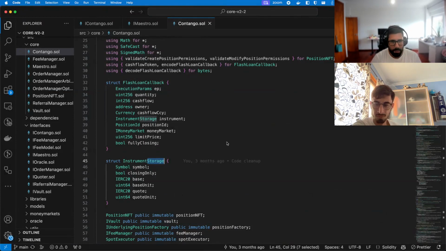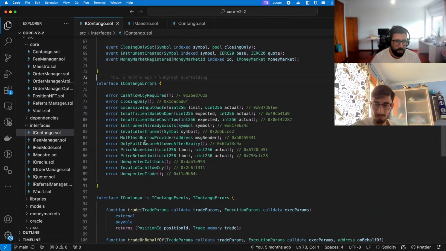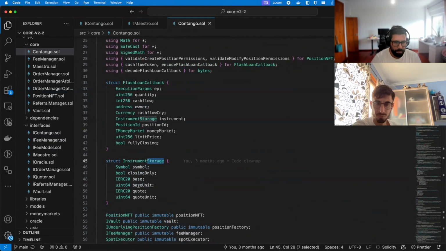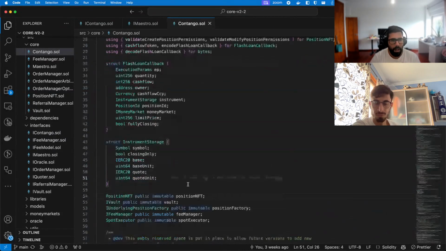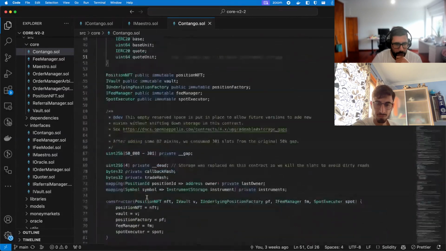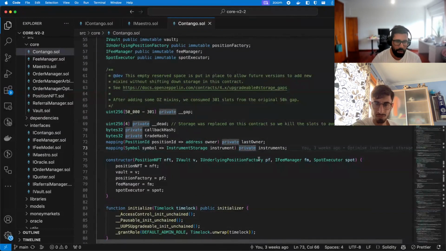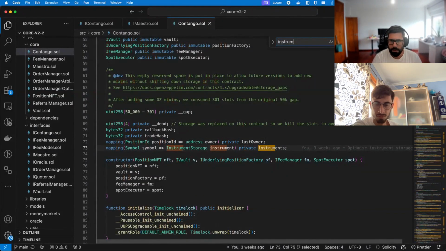That was a big problem, because if you want to upgrade something, you break your public API. It's really bad. So that's why we have this instrument we expose, which has nothing to do, more or less, with the instrument we store. And that's why the mapping that stores that is private, because we created a getter. I think it's called instrument.